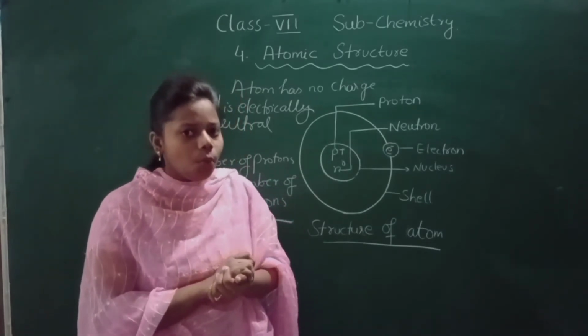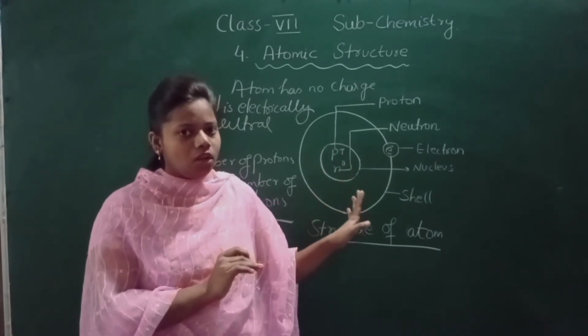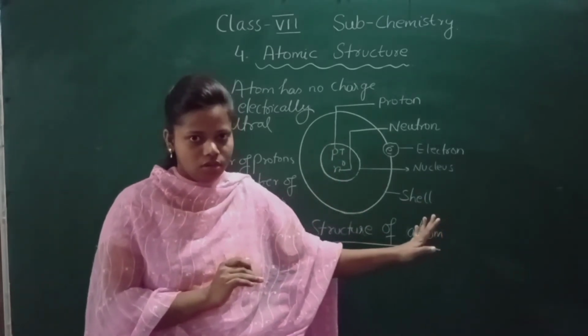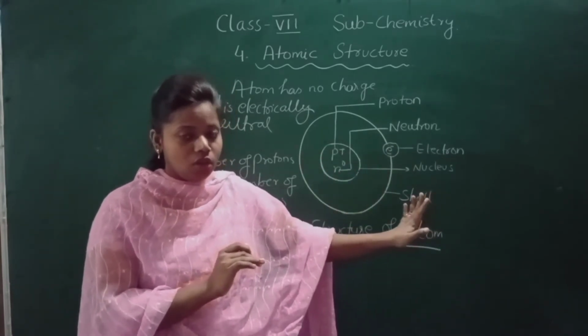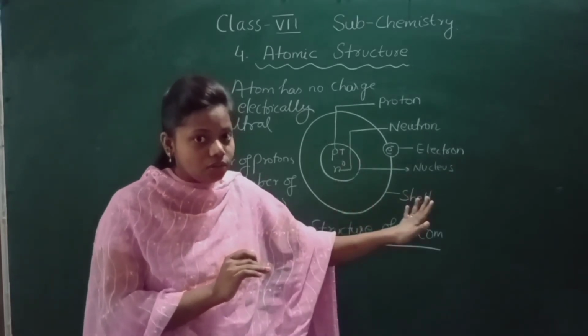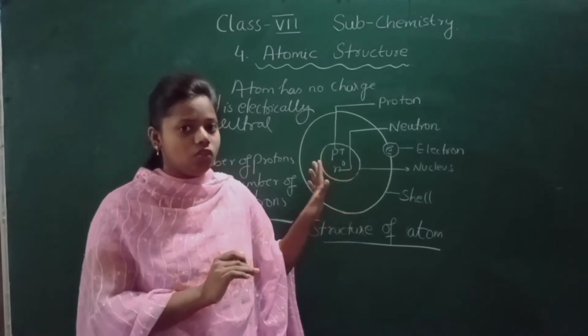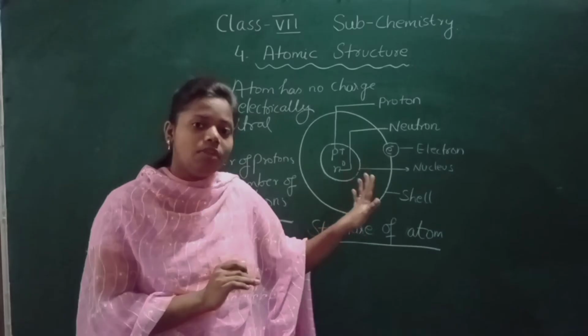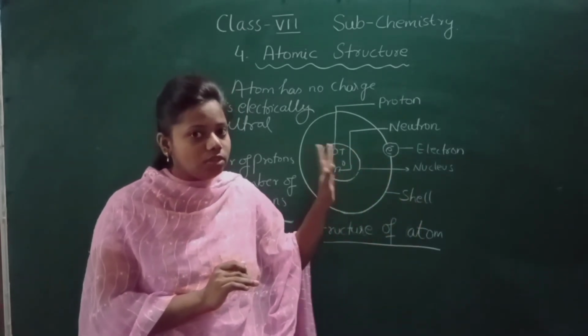But when an atom will lose electrons, at that time the atom will become positively charged. And when the atom becomes positively charged, we call it a cation, because the number of electrons has been reduced and positive is more.